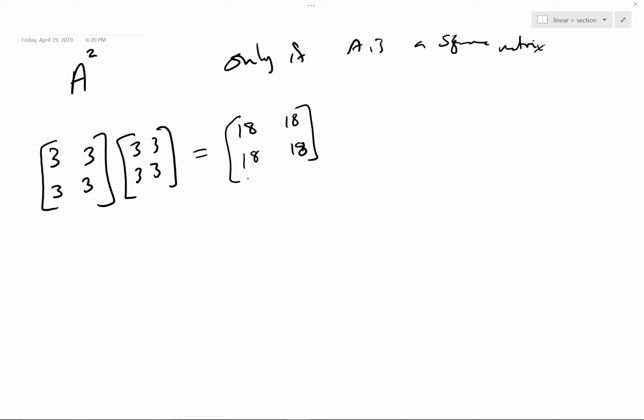Voila. That's nice. Well, then what? Can we keep going here? I think so. What would happen if you multiply by 3 and 3 again? Well, you're going to get 54 plus 54 is 108.